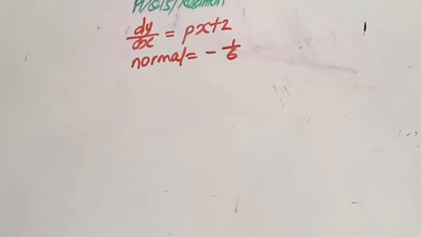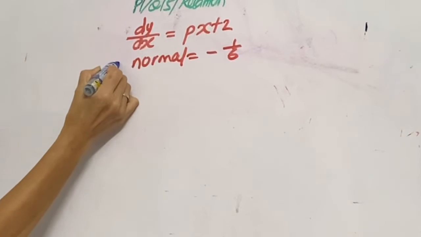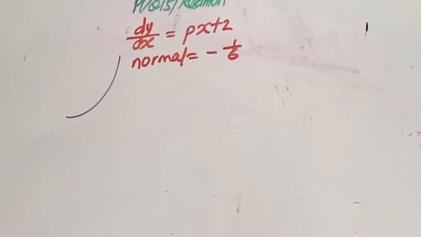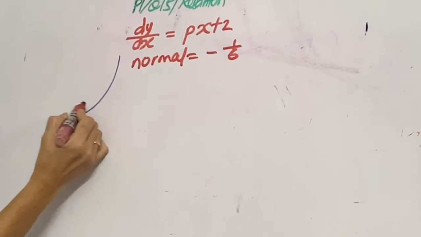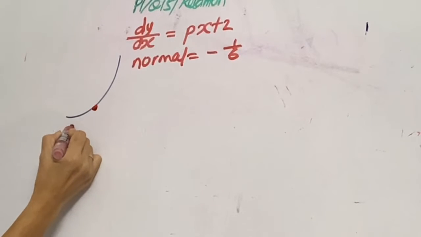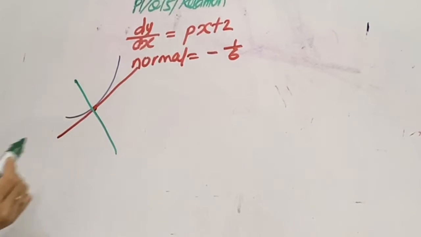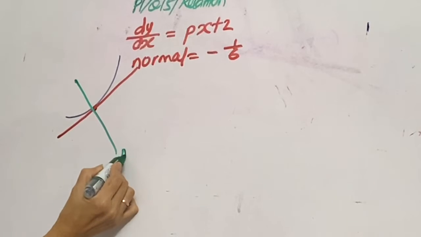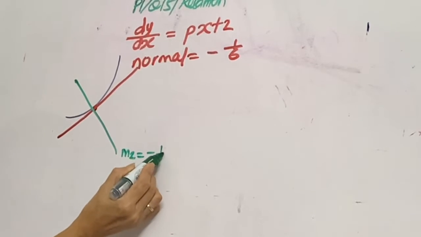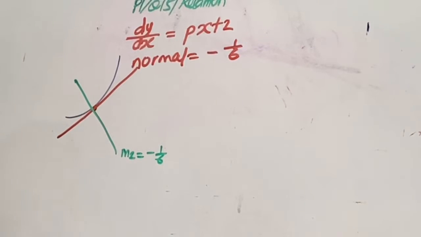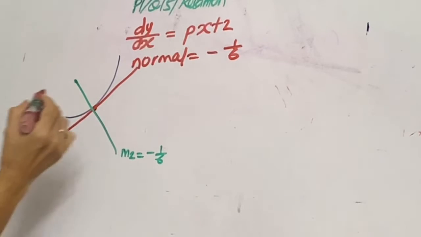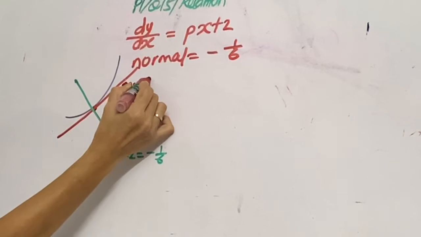Story number 1 is the curve. Story number 2 is dy/dx. Another one is the normal. You have 3 stories. So M2 is the normal. With M2, you can find M1 using M1 times M2 equals -1.